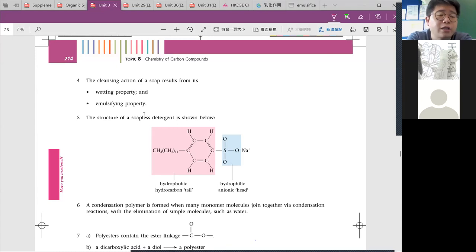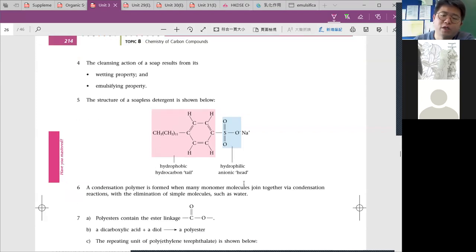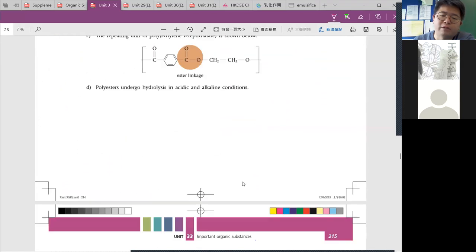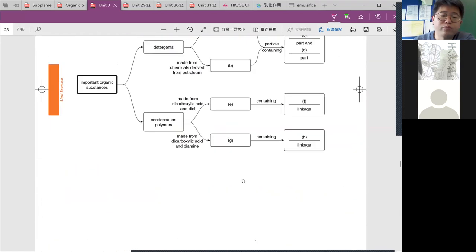I do cracking, I get a very long chain with a double bond, and then do some synthetic pathway to get this. Both have a hydrophobic part, which dissolves in oil, and a hydrophilic part, which dissolves in water. So the way to make this is making an emulsion.